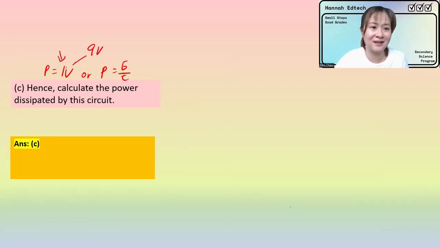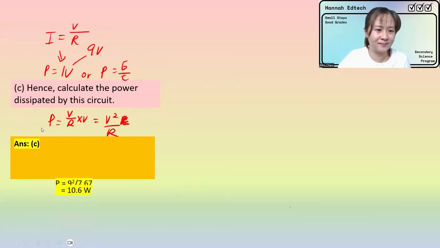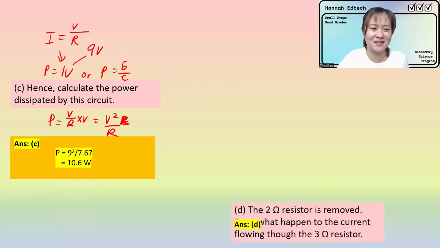The current you can get by using voltage over resistance. And therefore, P equals V over R times V, which is also equals V squared over resistance. All right? And there you have it, 10.6 watts.